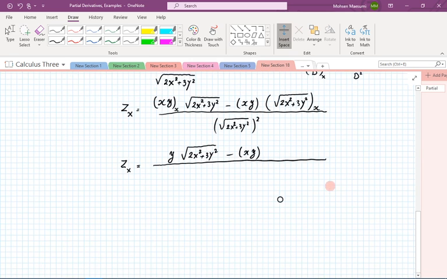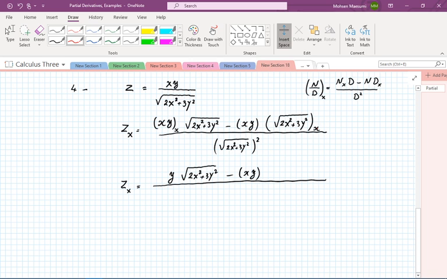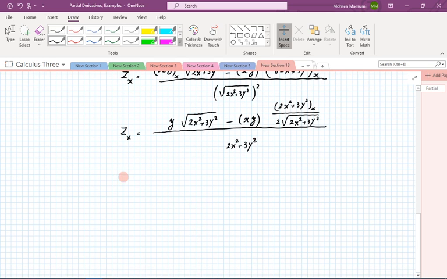So the derivative of this expression with respect to x would be the derivative of the radicand. Let me write it here. The radicand is 2x squared plus 3y squared. That has to be taken with respect to x, divided by twice the radical itself, 2 radical 2x squared plus 3y squared, and the denominator, when you square it, becomes 2x squared plus 3y squared. Well, we are almost there. We have to take one more step, z sub x.